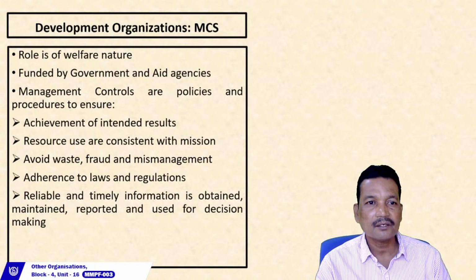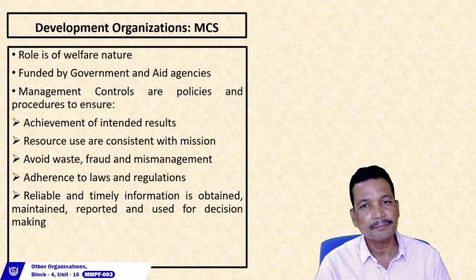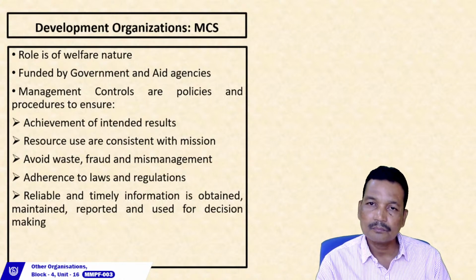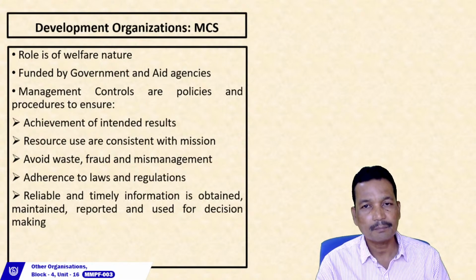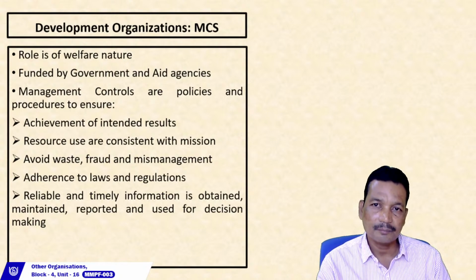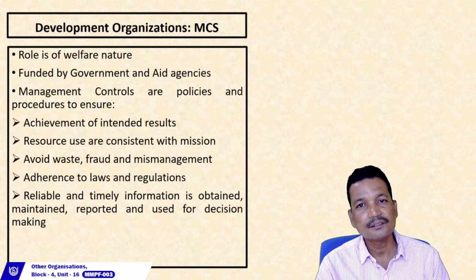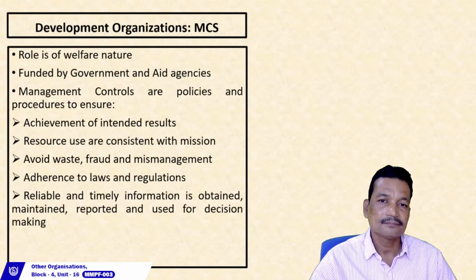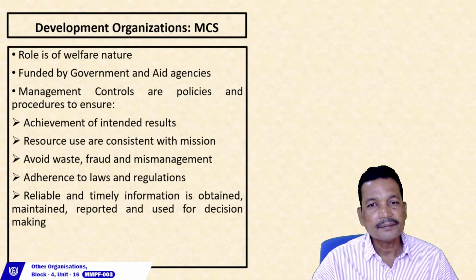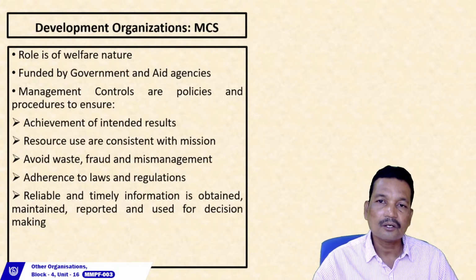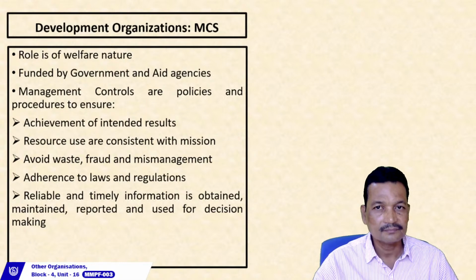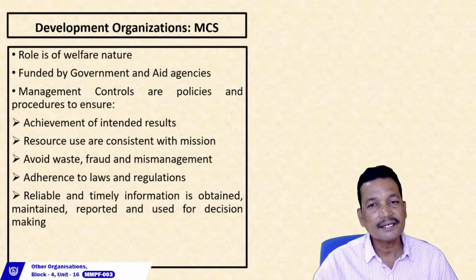We know the developmental organization is always of a welfare nature, be it for human beings, animals, plants, rivers, the sea, marine life, the atmosphere or air condition, or pollution, etc. These are funded by the government or the aid agencies. Who are the aid agencies?